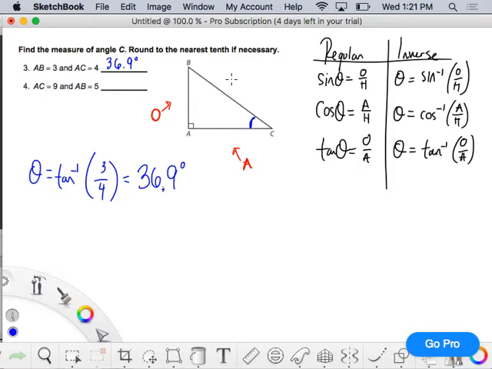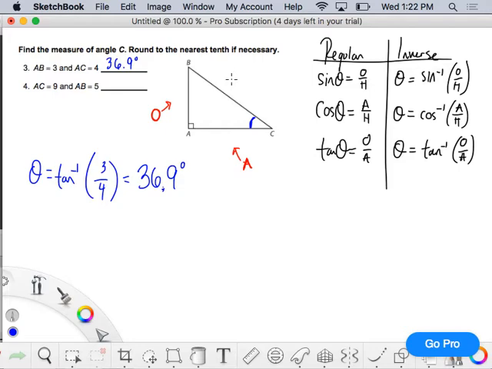For inverse, your calculators will do it like this. Everyone watch, because most of you have calculators like this. To do the inverse tangent, you do second tangent, and you see how it says inverse tangent right above the tangent button?